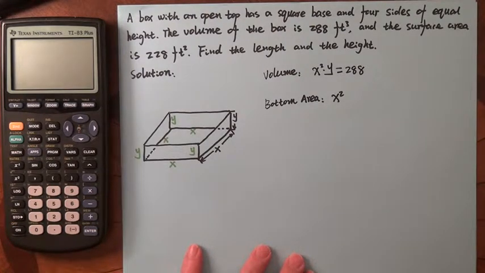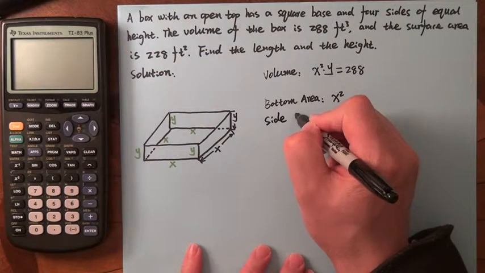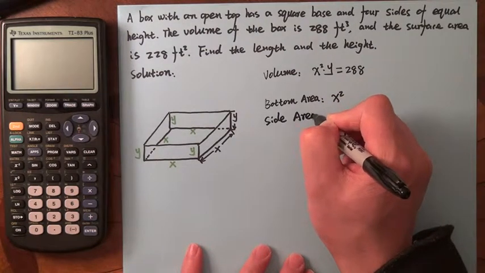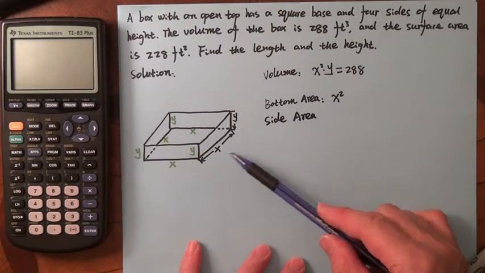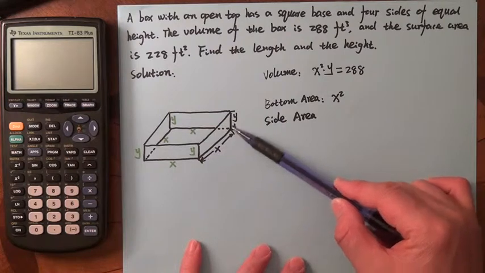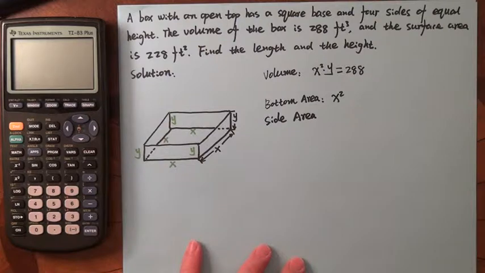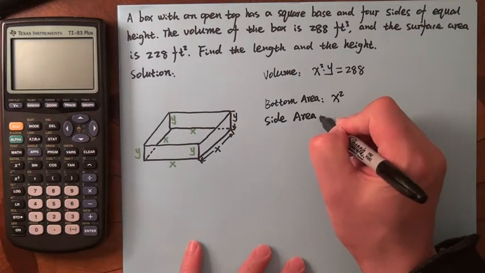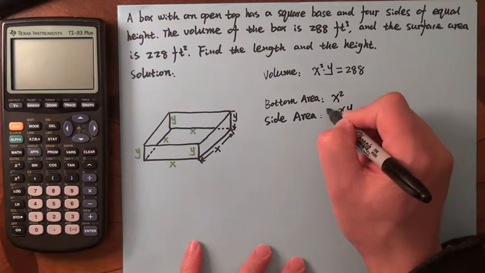Alright. Now, how about the side area? Here the bottom part is x and here is y, so x times y will be the side area, but there are four sides. So basically you should have x times y and then times 4.